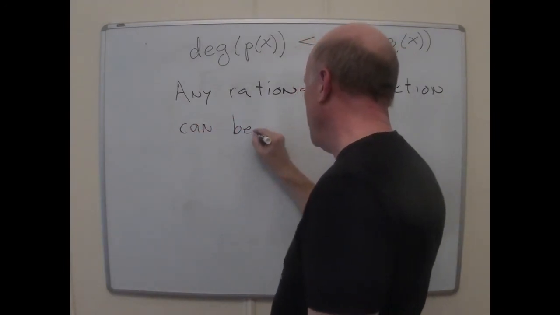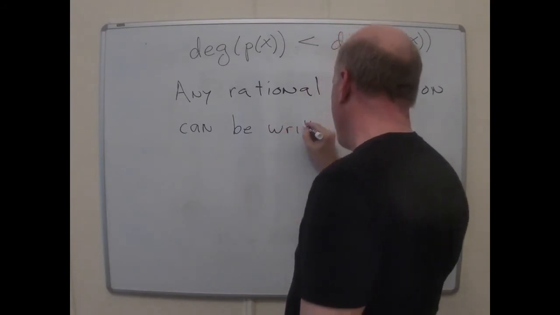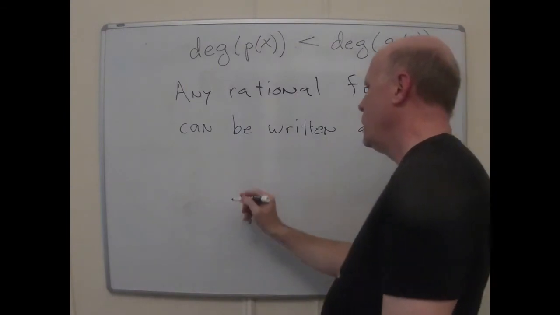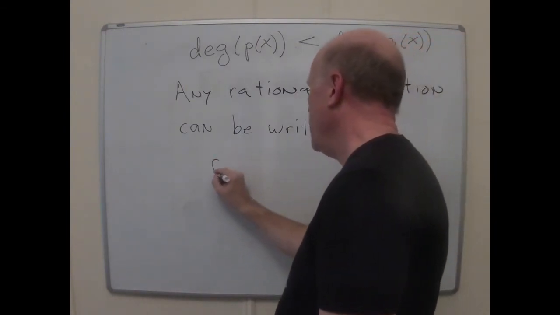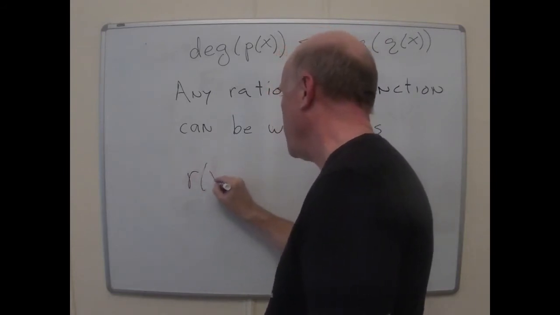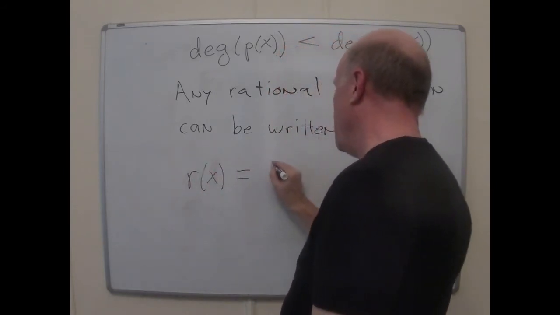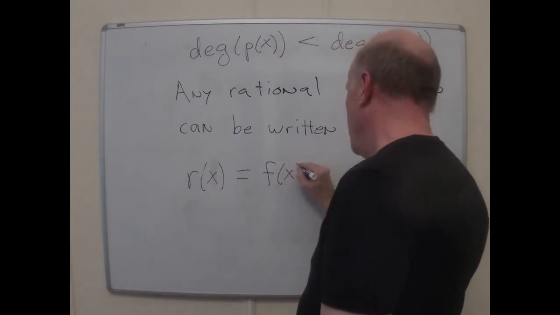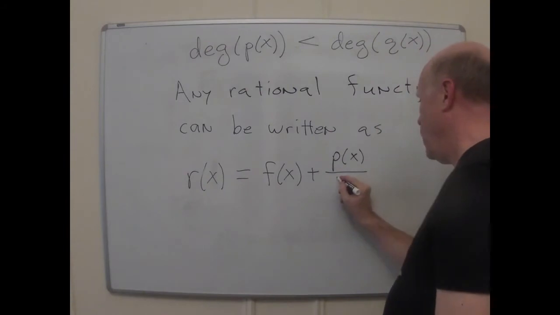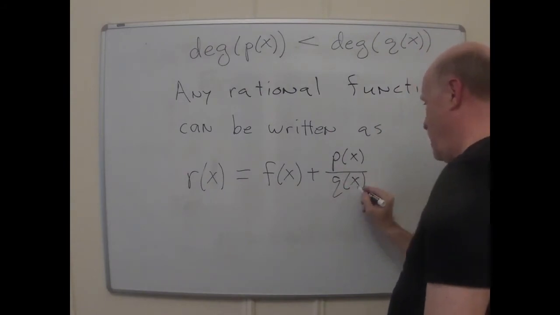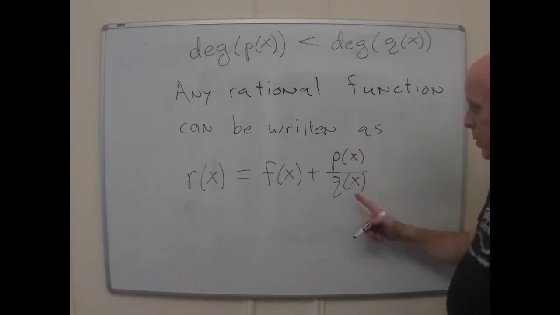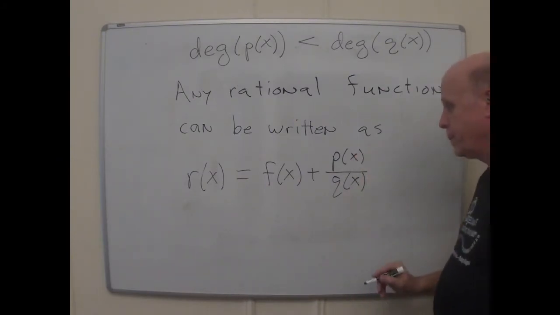It can be written as, let's see, r of x, the rational function, will be equal to a polynomial plus a p of x over q of x, where all three of these, f, p and q, are polynomials, and the degree of p is less than the degree of q.